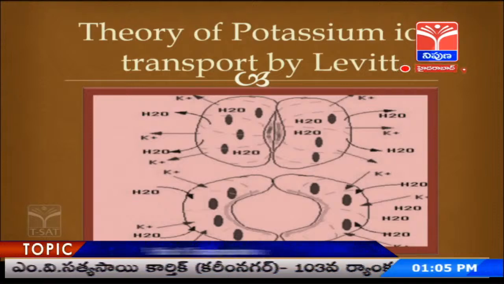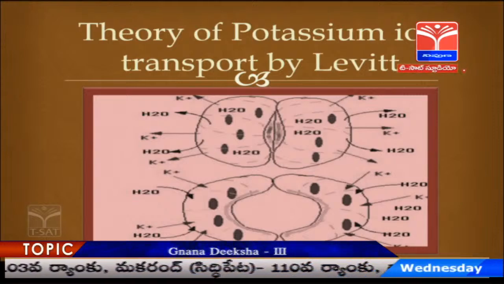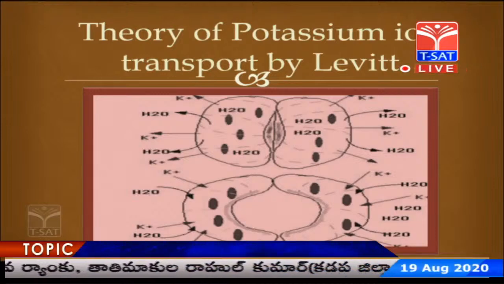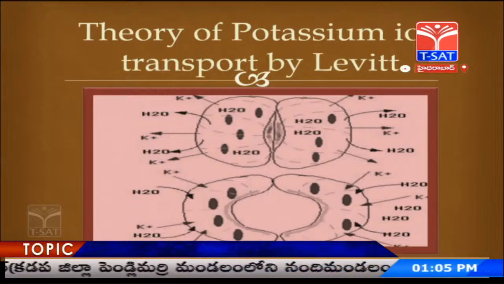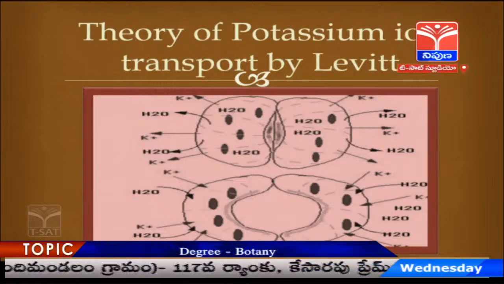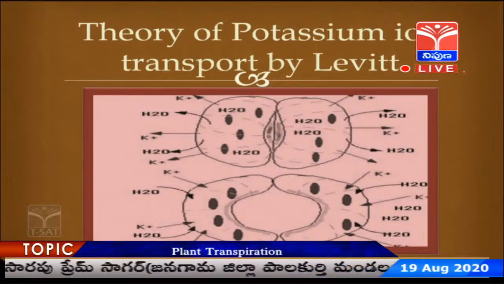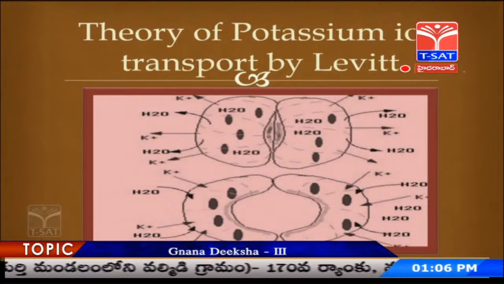Now, in this potassium ion pump, when the guard cells become turgid, H plus ions, that is hydrogen protons, move outside the guard cells and the potassium ions come inside the guard cells, and anion-cation balance occurs because of organic compounds as well as the chloride ions.